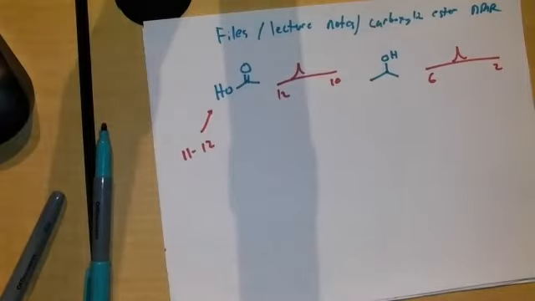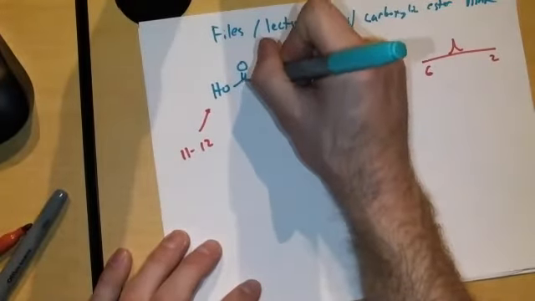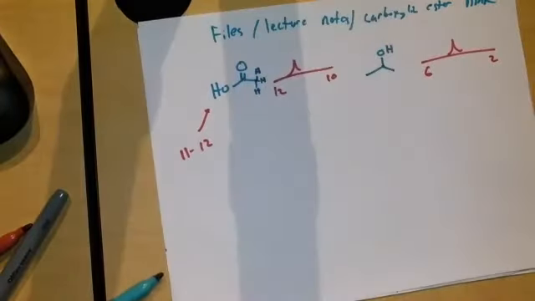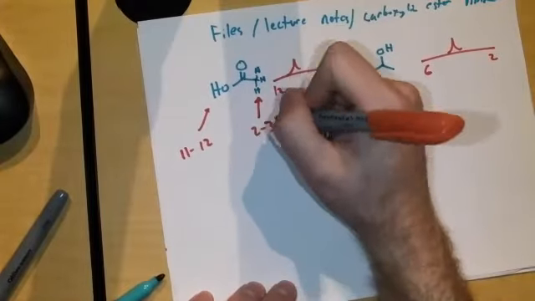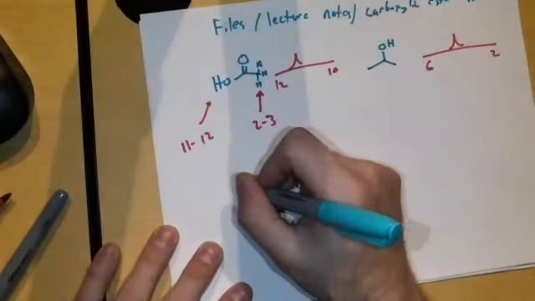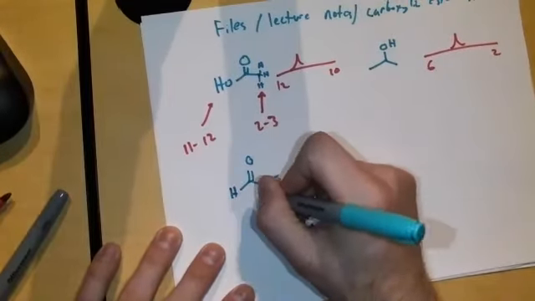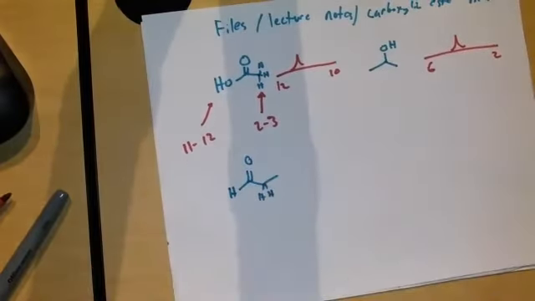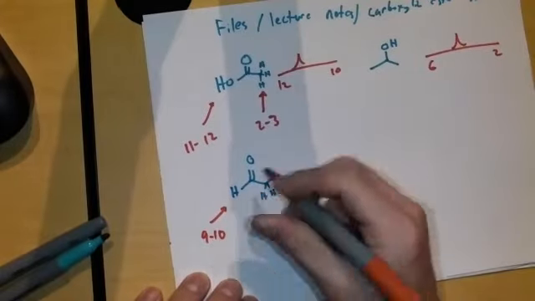The other side of your carboxylic acid is just a normal carbonyl. So these H's over here are going to be in the 2 to 3 range. Kind of similar, but a little bit distinguished from if we had an aldehyde. So our aldehyde peak's going to show up between 9 and 10.